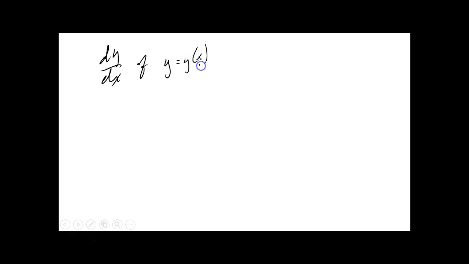Now, in differential equations, remember in early calculus, they never wanted you to use that. They say y is f of x or g of x, but you didn't want to use the variable as a thing. We don't care in differential equations. We know you're so used to this stuff that you can say it that way and understand it.